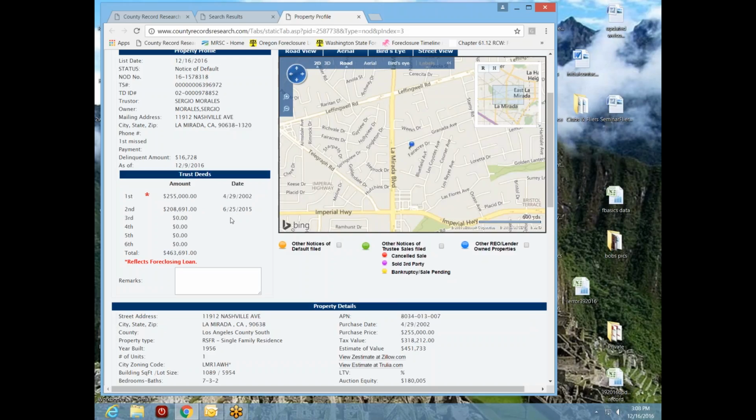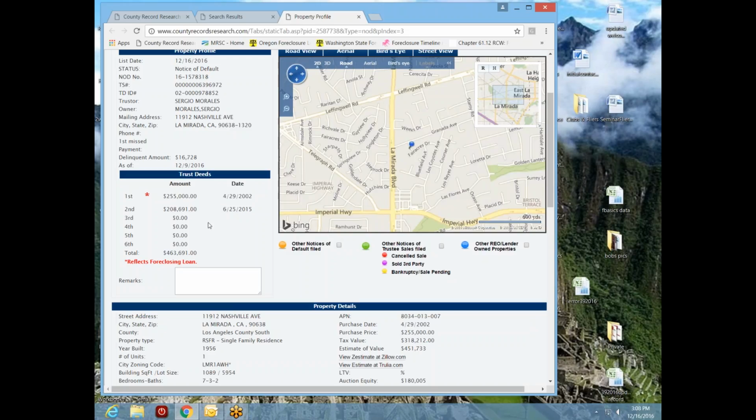If that's true, then that tells me not only is this property not upside down, it's got a substantial amount of equity, because that means his $255,000 first got knocked down to $208,000, and then he's $16,000 in arrears on that.